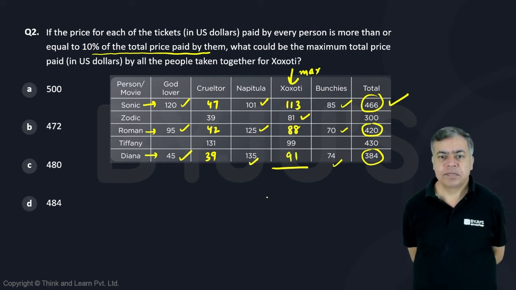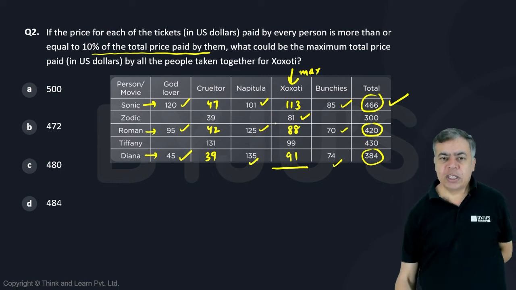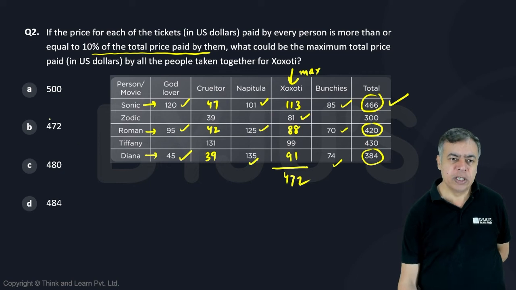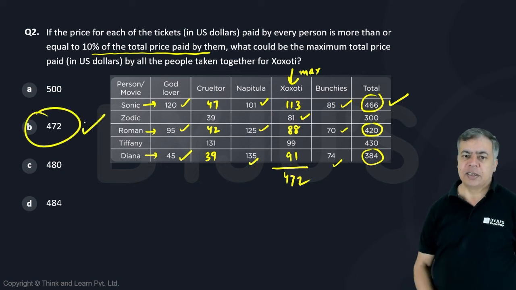Okay, so now just see the maximum value of X total: 113, 81, 194, 194, 88, 282, 288, 381, 381, 472. 472 should be the correct answer.